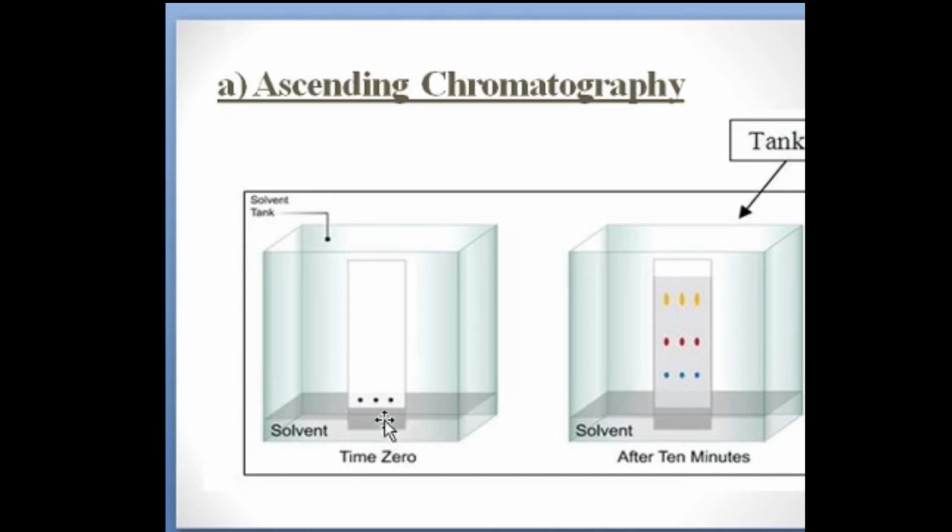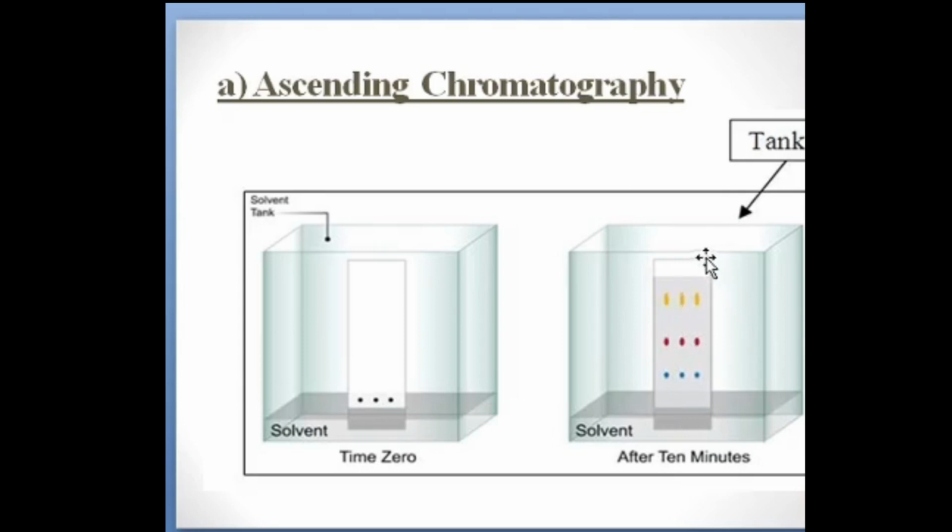So this will be carried up like this, and we should make sure that the solvent does not go beyond the edges of the paper. Just about 2 centimeters or 1 centimeter before it touches the edge, we should take it out. Usually it will take about 14 to 18 hours for this procedure to be complete.